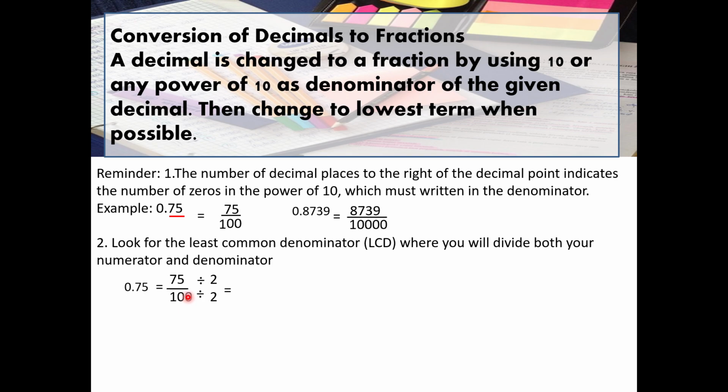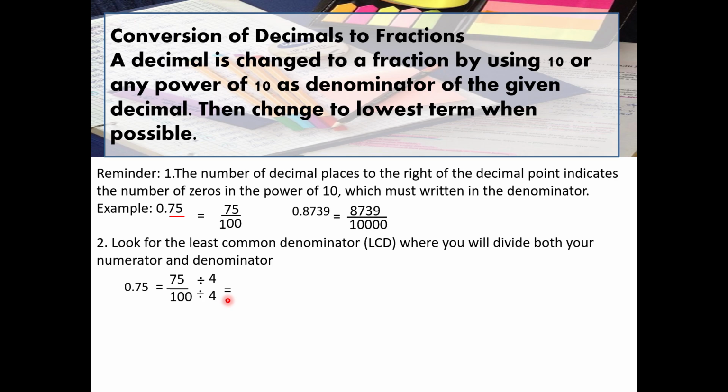Kailangan pag-divide natin yung pinakamababang number dito sa ating 75/100, kailangan walang remainder. Okay? So, 75 divided by 2. So, hindi siya pwede. 75 divided by 3, pwede. 100 divided by 3, may remainder ito, kaya hindi ito ang gagamitin natin. So, try naman natin ang 4. 75 divided by 4, hindi siya pwede.